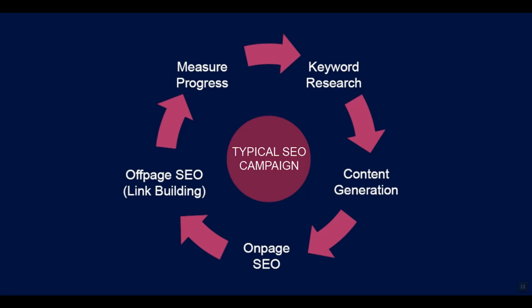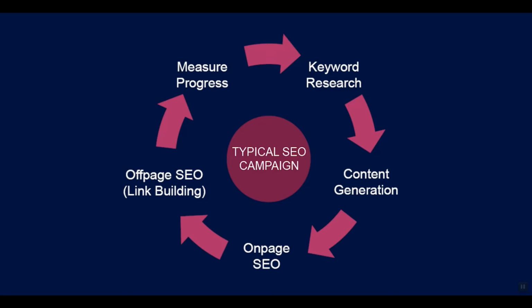This keyword research process is exactly where you find a big list of those keywords. Once you have found a list of all the keywords you want to target, you then move on to the next step, which is content generation.